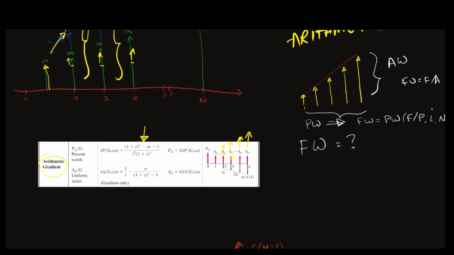The reason I do that is because P given G is always one period before the first increase, not the first gradient amount, but the first increase. So you can see in period 2, there's the first gradient amount, but the first increase occurs between period 1 and 2. So there's my triangle, and then P given G is always one before that triangle, and that puts me, in this case, at 0.